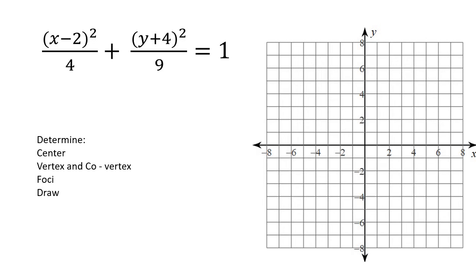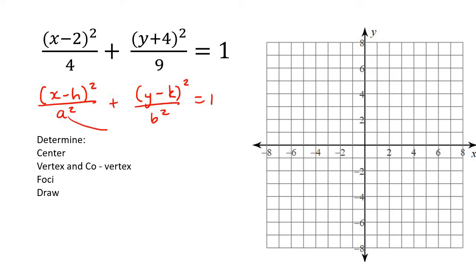Now, we said that from the basic equation, x minus h squared over a squared plus y minus k squared over b squared is equal to 1. I know that these can sometimes be switched around. I'm aware of that. But for now, I just want to remind you that h and k will be the center. So h would then be a 2.